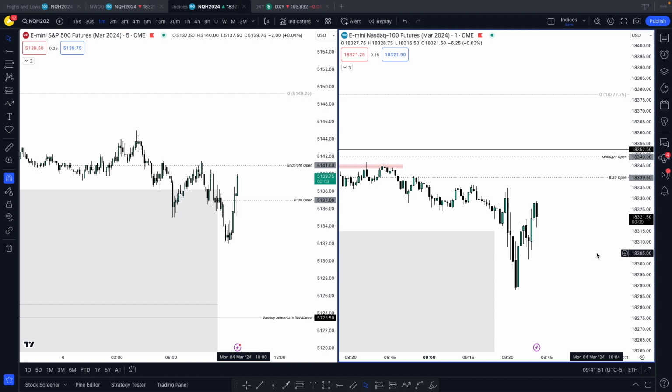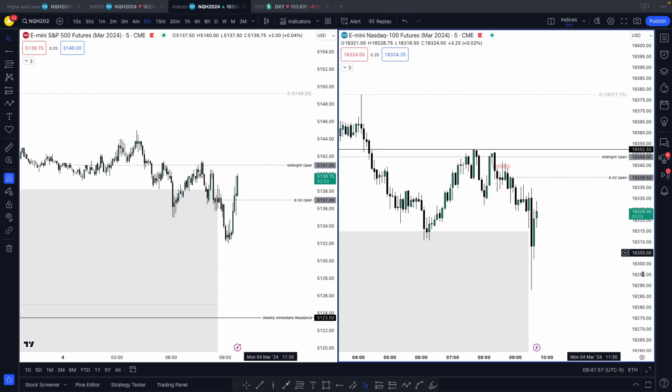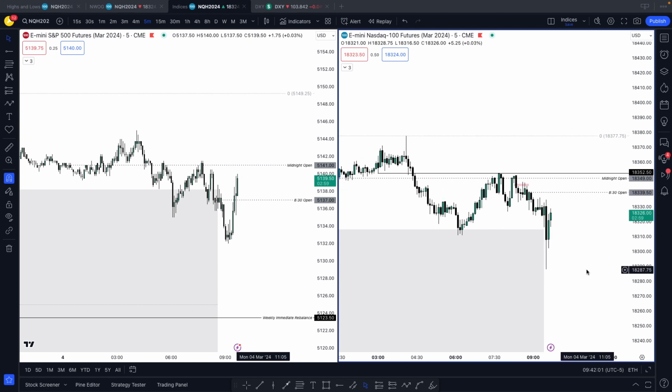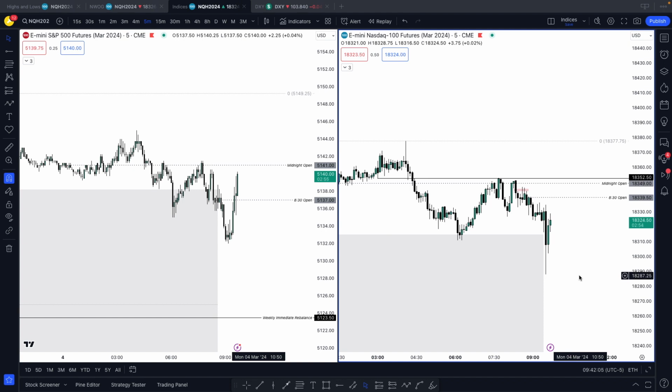No, I don't specifically use the 5-minute for seeing displacement, Douglas. It depends on the other displacement, the higher time frame displacement that I'm looking within. So how do I explain this?